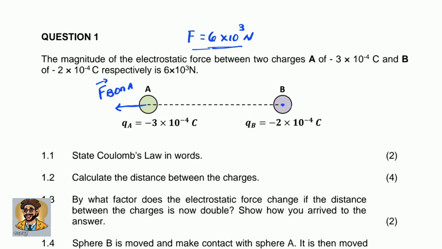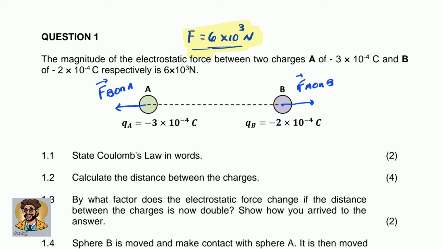The force from A on B will be equal in magnitude to the force from B on A but in the opposite direction. This one is the force A on B, and both of them have a magnitude equal to 6 times 10 to the 3 newton. We are just analyzing the question, getting the data.